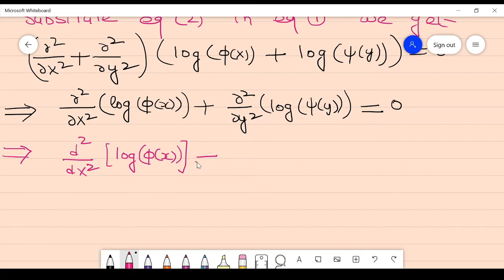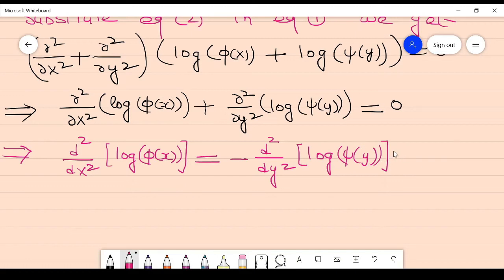Because it involves only the x variable. Again here d square by dy square of log of ψ(y).